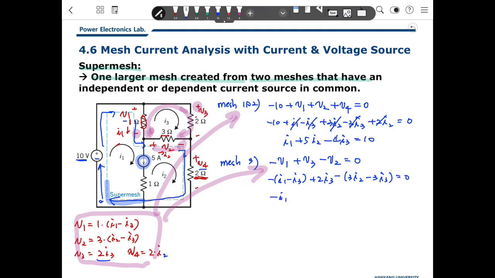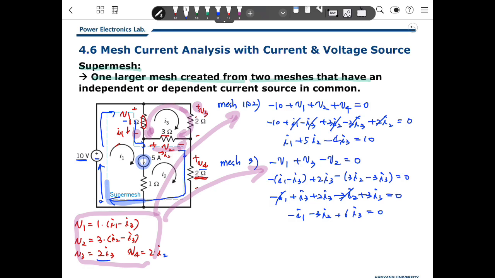Based on that, minus I1 plus I3 plus 2I3 minus 3I2 plus 3I3 equals 0. So we can simplify the equation: minus I1 minus 3I2 plus 6I3 equals 0.